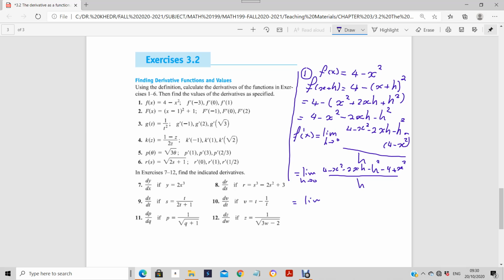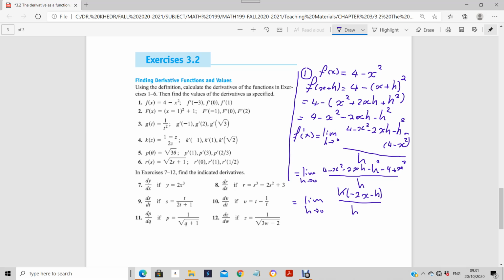And then this will be simplified to, if we take the common factor h, minus 2x minus h divided by h. So the remaining here will be minus 2xh minus h squared. You take h as a common factor, then you will have h multiplied by a bracket, and inside the bracket we have minus 2x minus h.